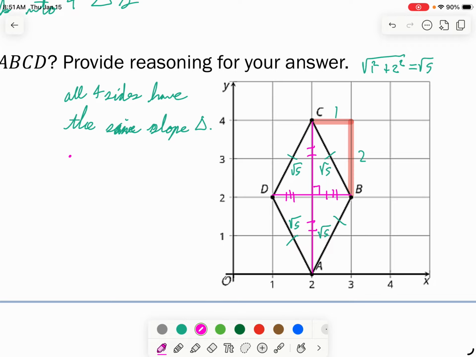So I'm going to write down the properties that I see. We have 4 congruent sides. We know that the diagonals are perpendicular, and we know that the diagonals bisect each other.